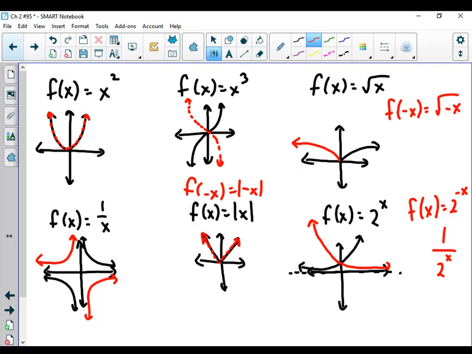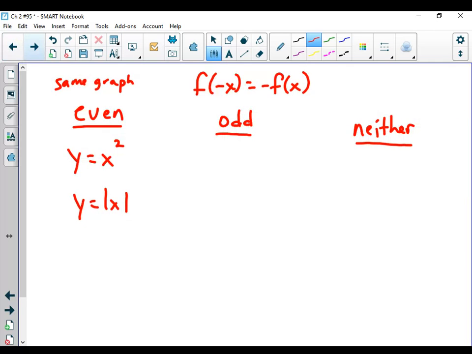So what's an example up here that once I reflected over the y-axis, it's actually an example of reflecting over the x-axis as well? What's one example, Bryn? X cubed. Because when I reflected over the y-axis, that's the same as reflecting over the x-axis. So that was one of them. What's the other one? Right, this hyperbola here. Because when I reflected over the y-axis, that was the same as reflecting over the x-axis. So x cubed and 1 over x are both examples of odd functions.